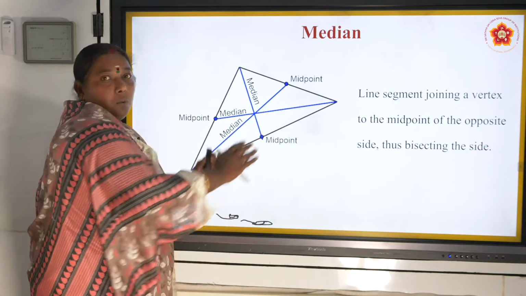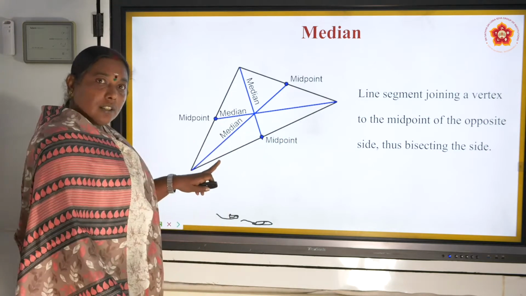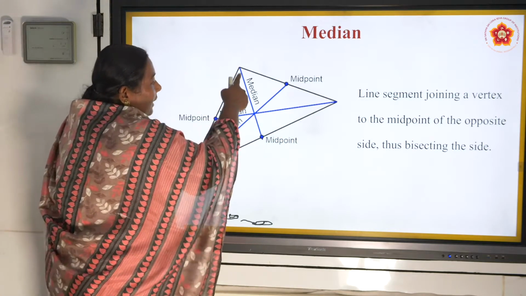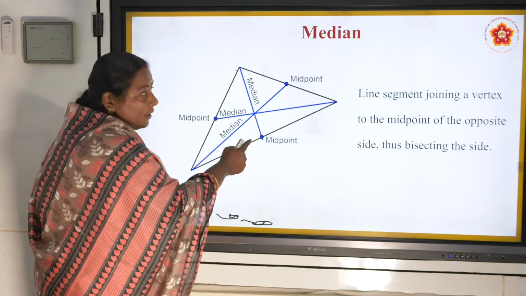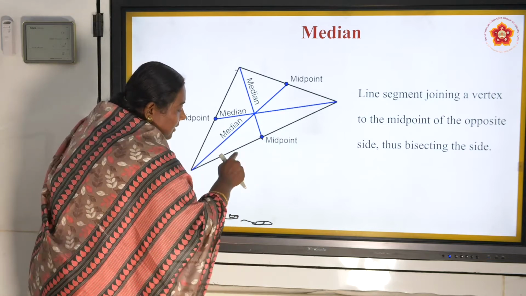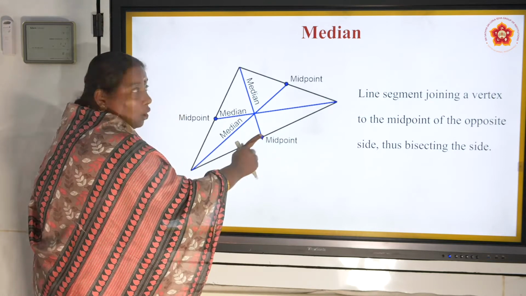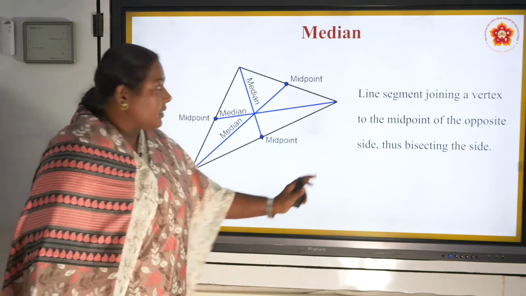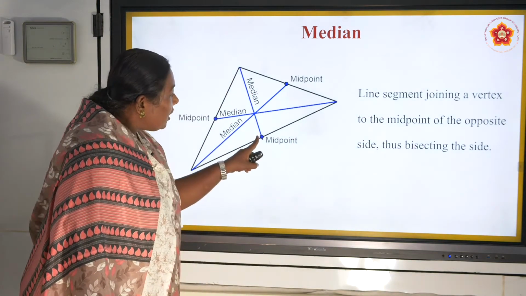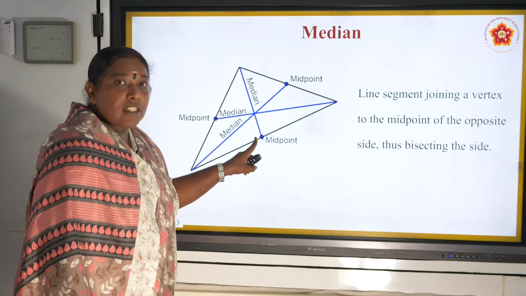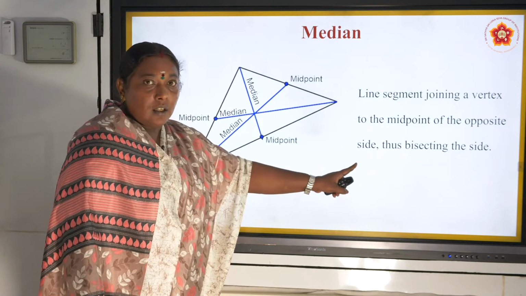No, don't look at the words. Look at this diagram. A line segment joining the vertex to the opposite side where it divides it equally. That's all. Now let us see the words again. Line segment joining a vertex to the midpoint of the opposite side. I think now you understood the words.